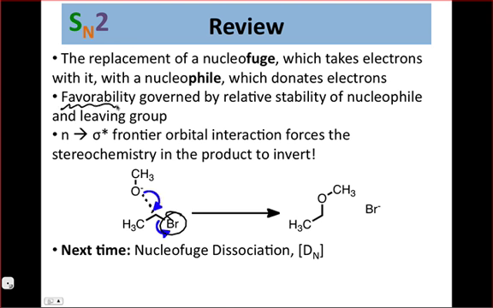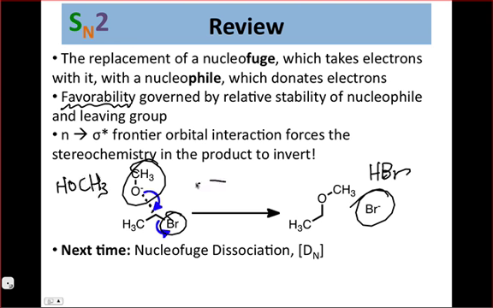The favorability, so whether an SN2 reaction is reasonable to propose or not, is governed by the relative stability of the nucleophile and leaving group. Essentially, this boils down to the acidity of their conjugate acids, whether HBr, in this case, is more acidic than CH3OH. We know it is, as a result, we would favor the forward direction here.